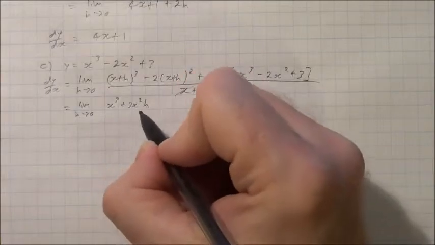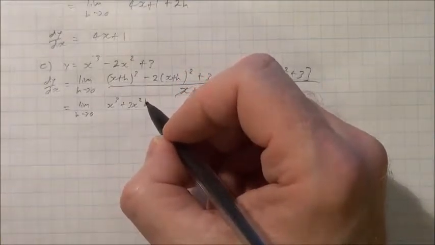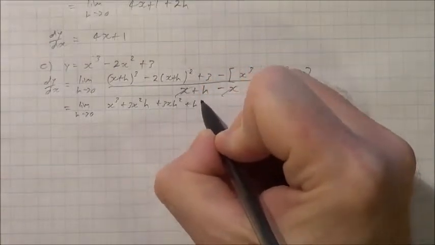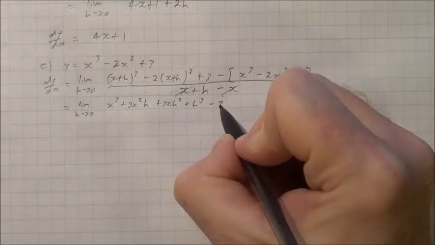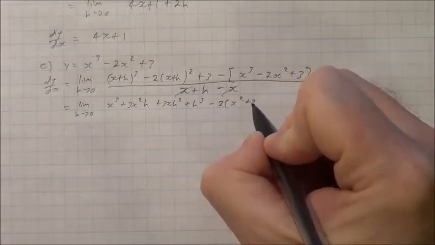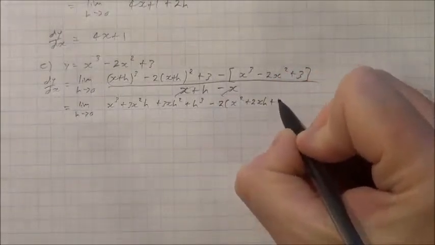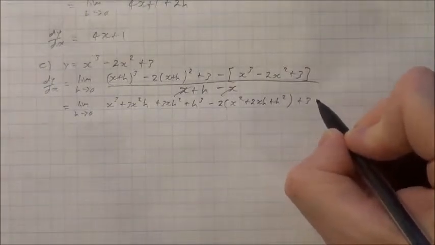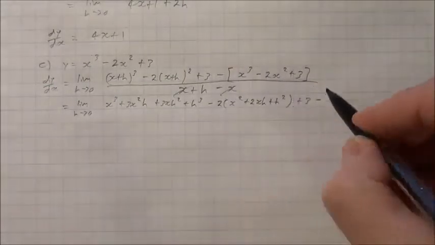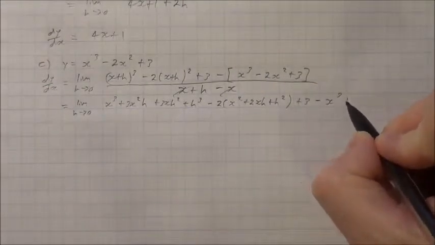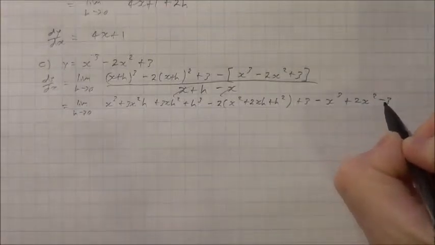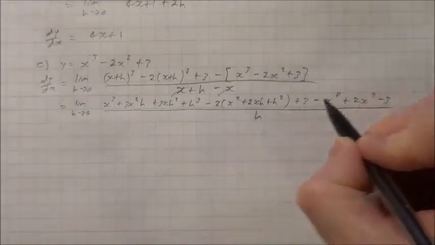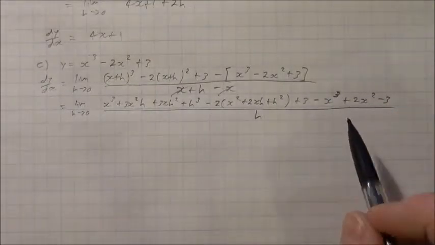So I've got x cubed plus 3x squared h plus 3xh squared plus h cubed, minus 2 times x squared plus 2xh plus h squared, plus 3, and then I'll multiply this negative in, negative x cubed plus 2x squared minus 3. And this is all over h. Correct that 3 there.